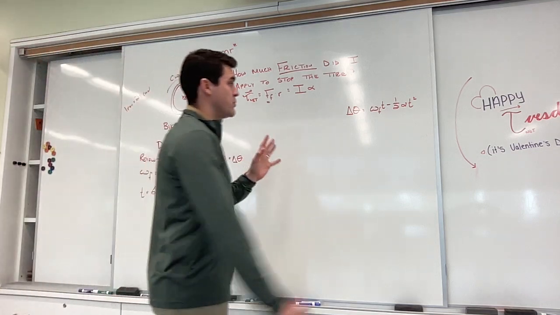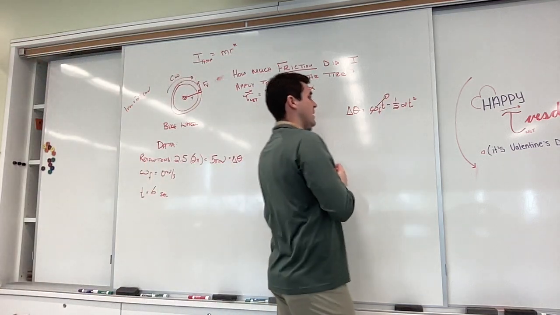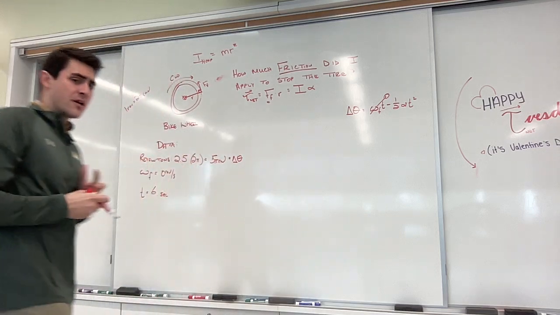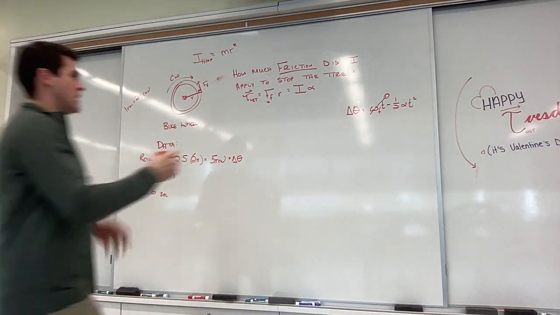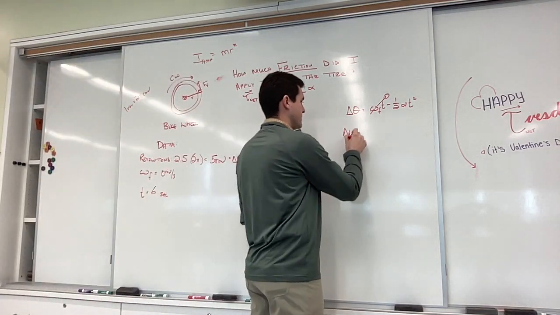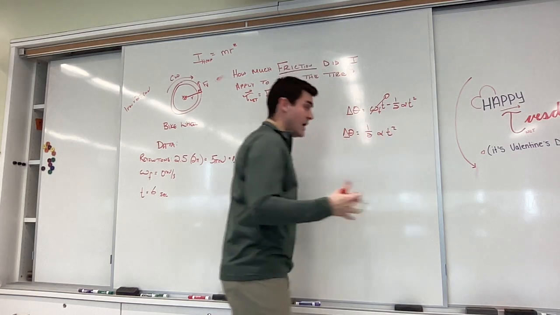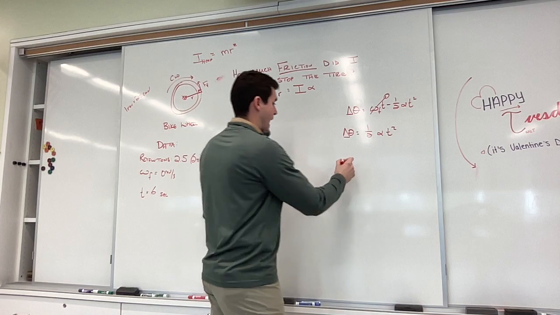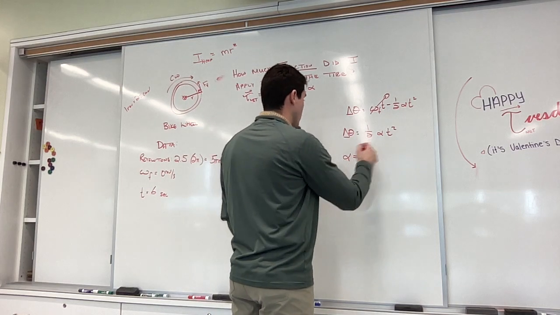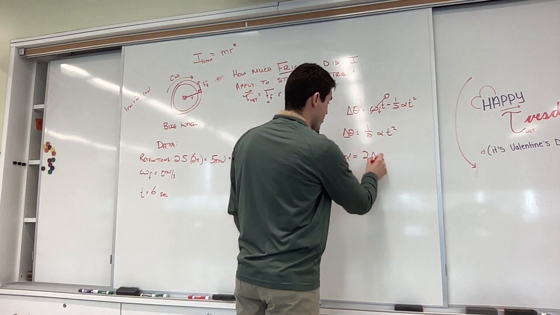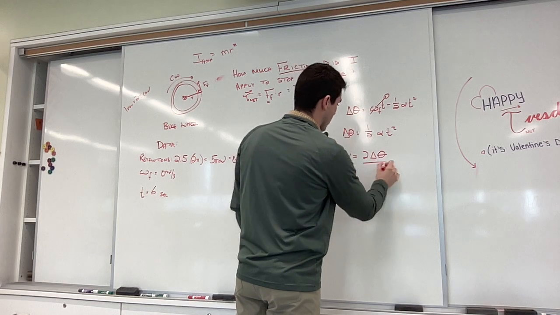But this is an equation we can use, and this ends up being 0. Right? The final velocity here is 0, so we end up with change in theta is equal to 1/2 alpha t squared. And I can actually go ahead and solve for alpha here. Alpha is going to be equal to 2 theta over time squared.